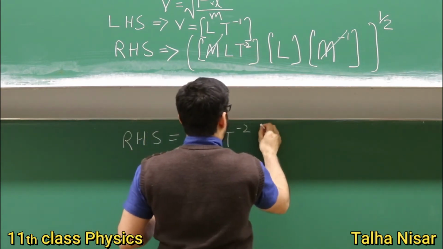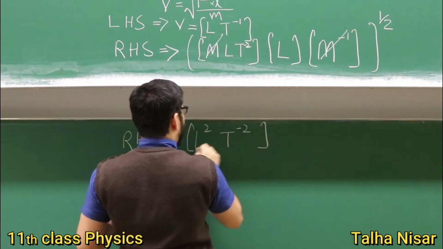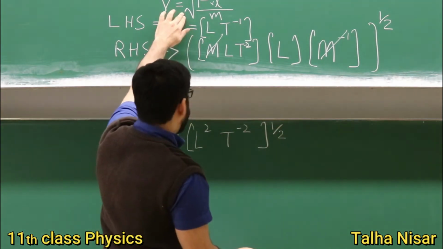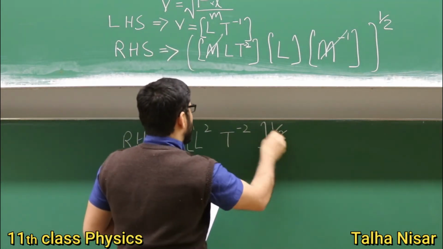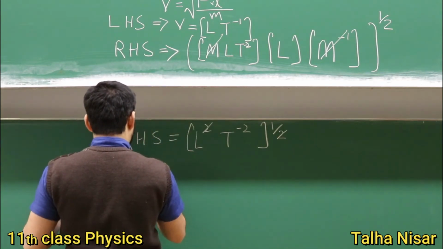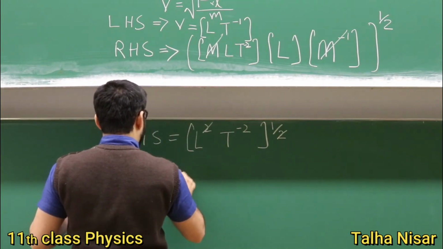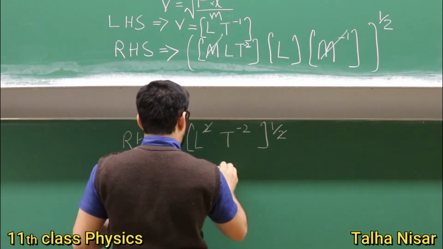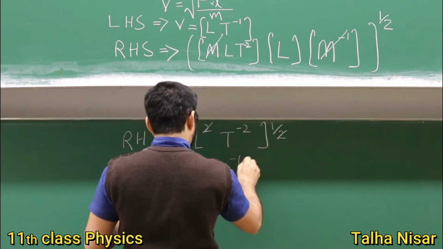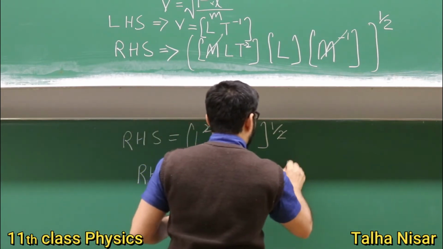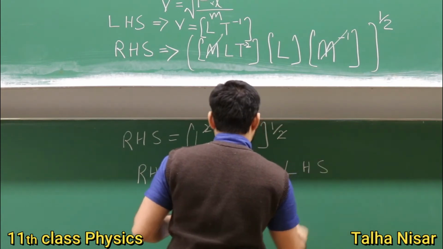And the 1/2 is from the square root. And now this is cancelled. Finally, we have the right hand side equals length, and now we have the time, which is equal to the left hand side.